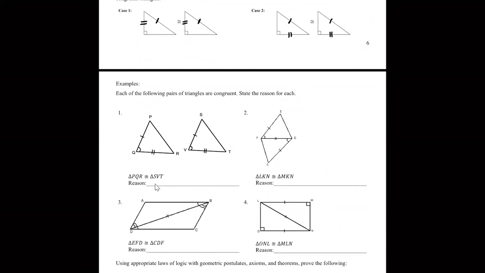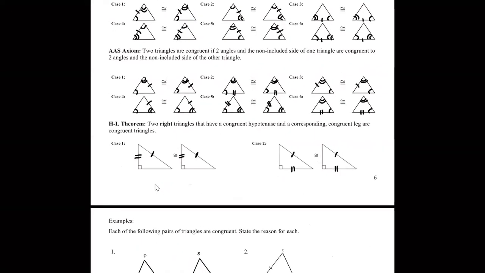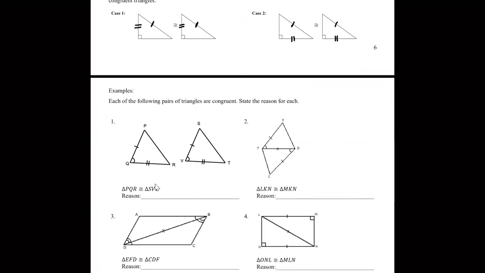All right, so we have our examples here. Like I said, they're all like little different flavors compared to what you see up here. These are all the generic cases. But what I'm looking at in the first example is a pair of corresponding congruent angles, right? And it's surrounded by two sides that are corresponding and congruent. So this one is congruent to this one, and this one is congruent to this one. All right, so I would look for the pattern.